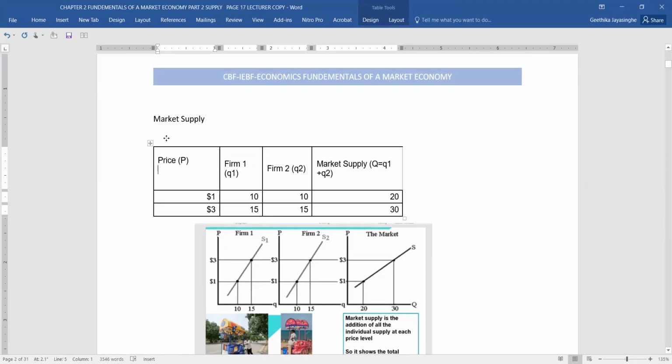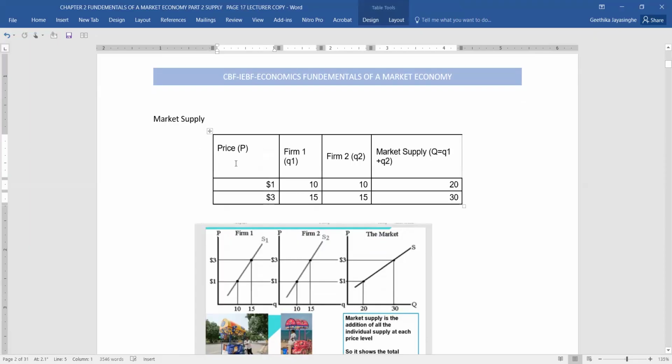As you'll see, this is our price, £1, £3. This is firm 1, this is firm 2. These are the quantities supplied under each price by each firm. Firm 1 produces 10 at a price of 1 and firm 2 produces 10, so the market supply will be equal to 20.